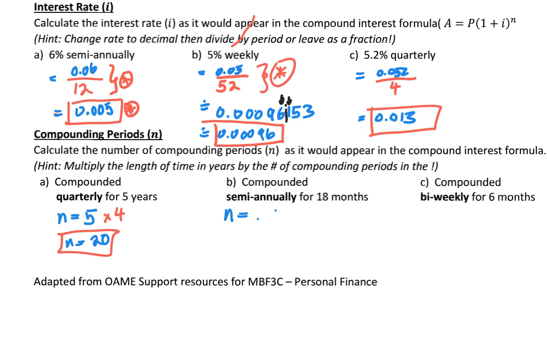If I took a look at those half years, that happens every 6 months. So in that case, n is going to be just 3 compounding periods. So this is every 6 months.